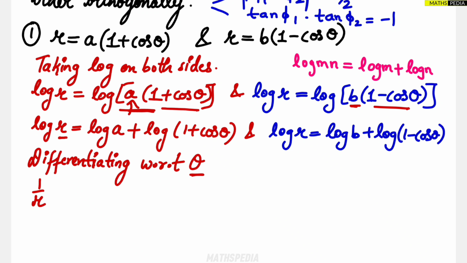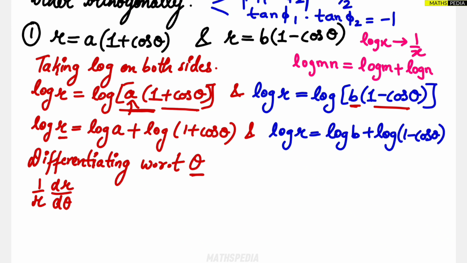But there it is with respect to x, and here it is with respect to theta, so 1 by r, and again you have to differentiate r with respect to theta.